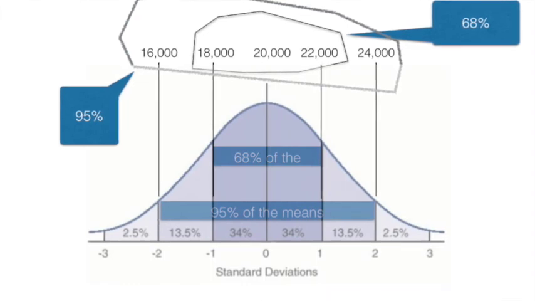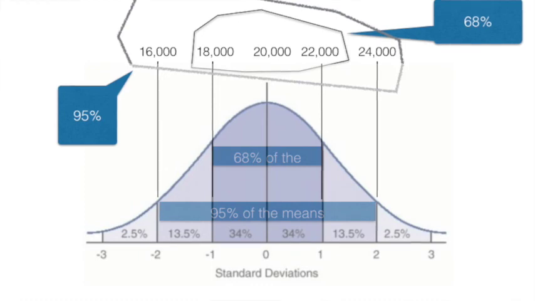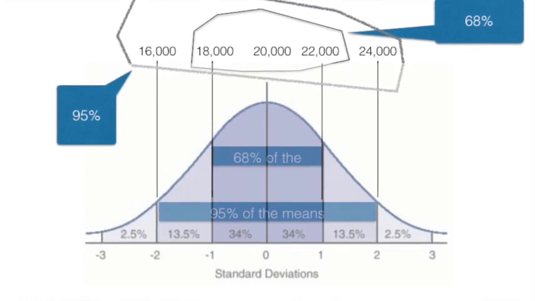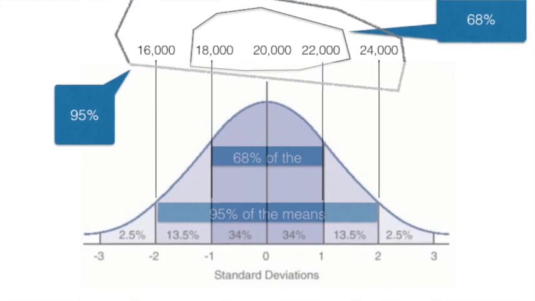And this is also two standard deviations. 20,000 plus 2,000 is 22,000. 22,000 plus 2,000 is 24,000. So 95% of the respondents will have incomes between 16,000 to 24,000.